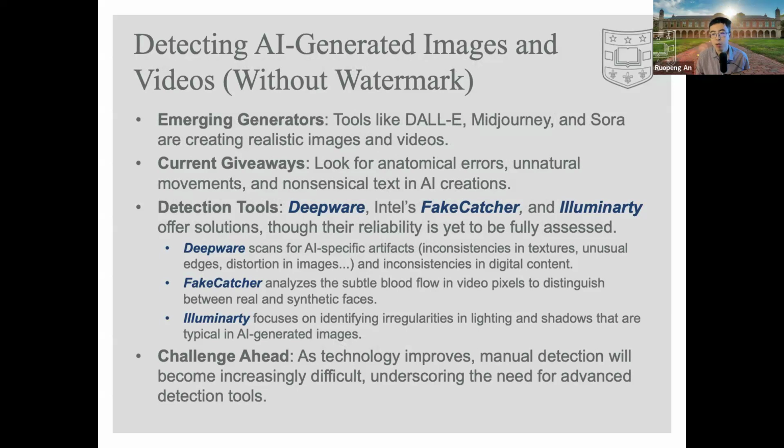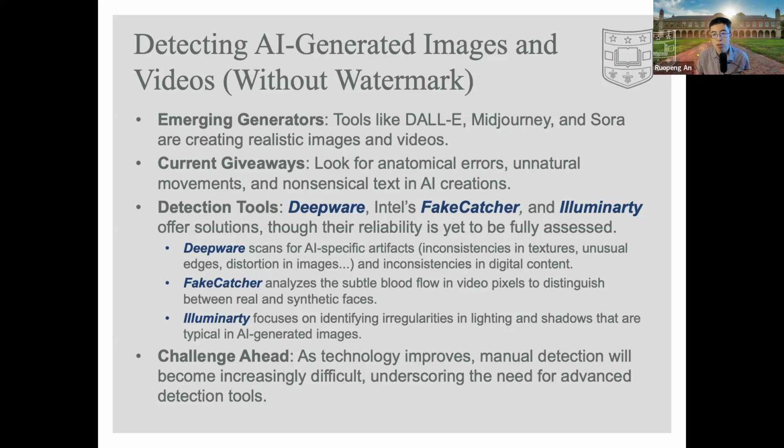For example, you often notice that AI-generated images have inconsistencies in textures, unusual edges or distortions that are less likely to happen in real images. So Deepware utilizes those artifacts to identify digital content.